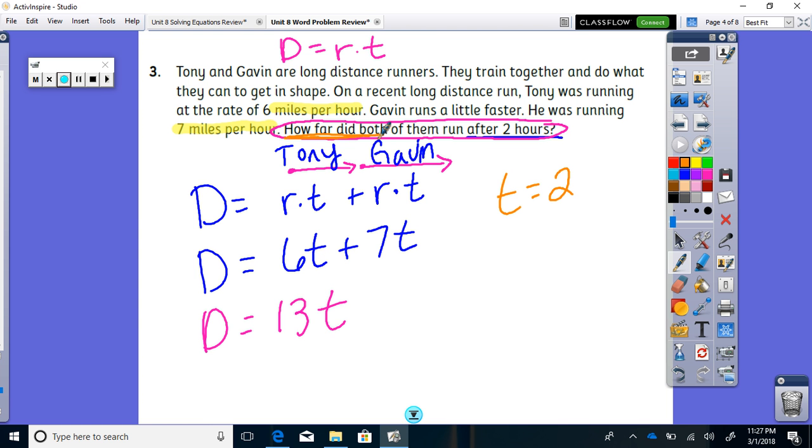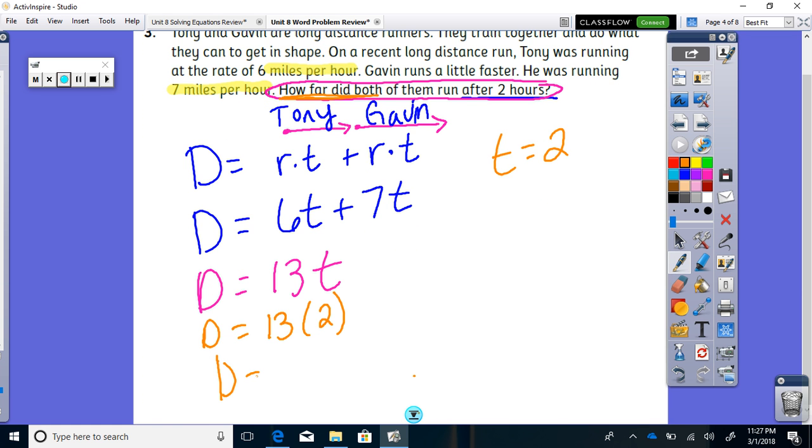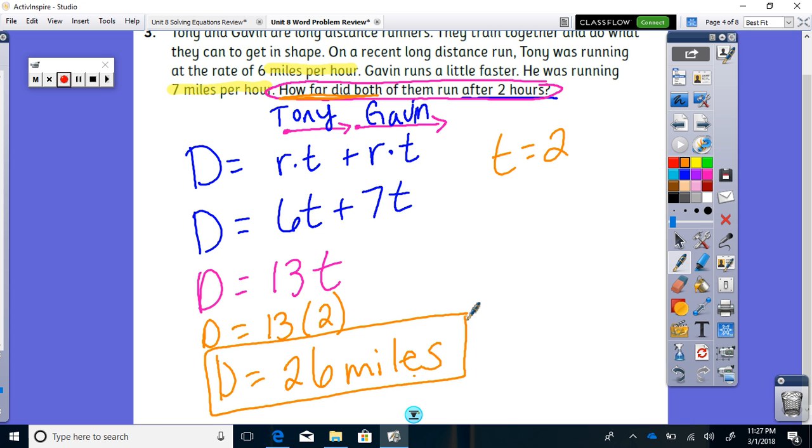How far did both of them run when t equals 2? So distance will equal 13 times 2, which is 26, and it was miles per hour, so that means we're talking the distances in miles. So they ran 26 miles together after 2 hours.